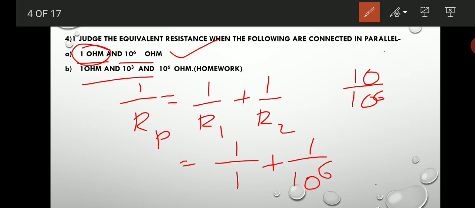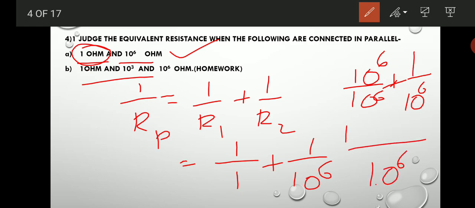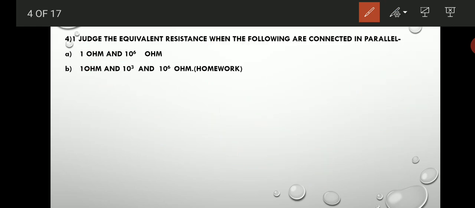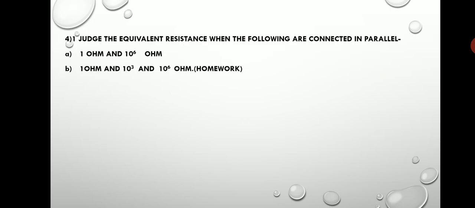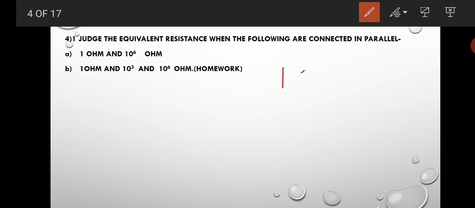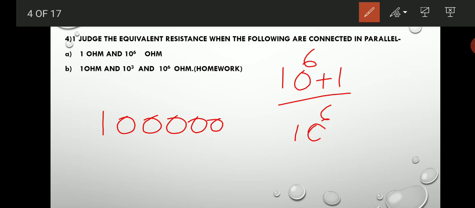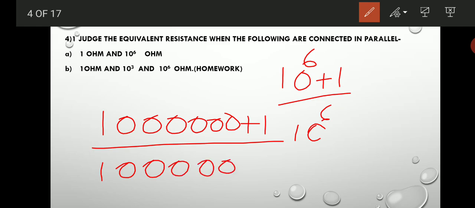So here it is 10 to the power 6 plus 1 over 10 to the power 6. 10 to the power 6 means 1 with 6 zeros, right?